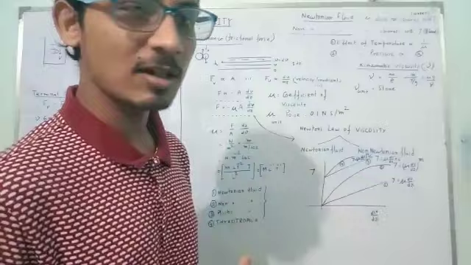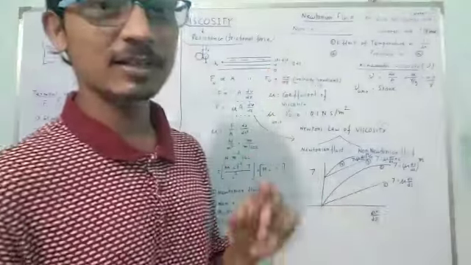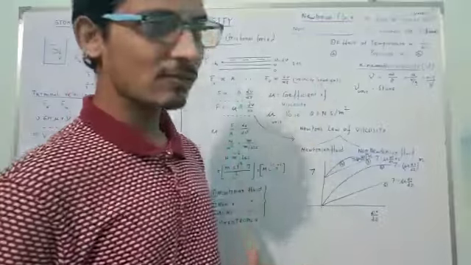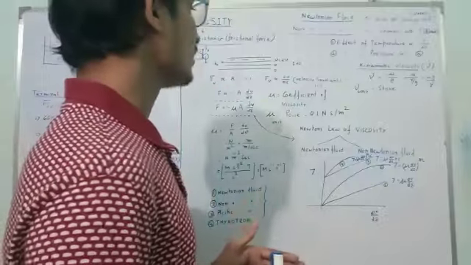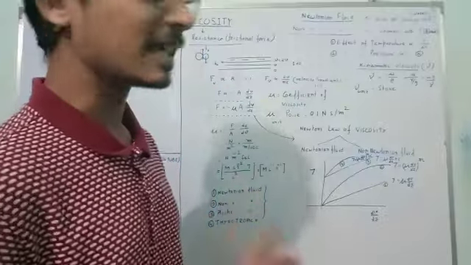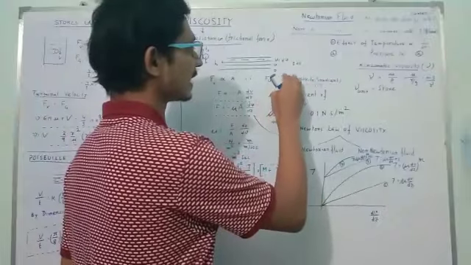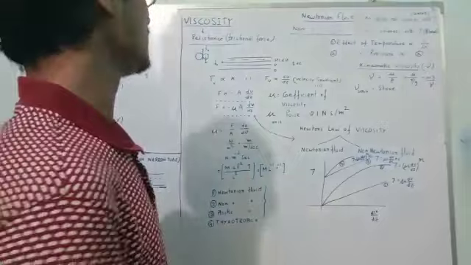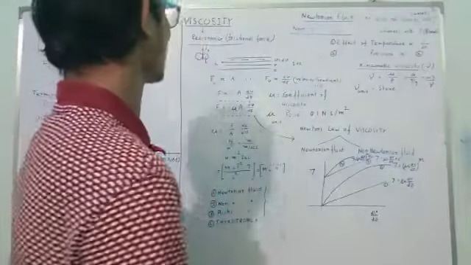So the change of velocity is dv, and the change of the thickness of the liquid layer is dz. The change of velocity with respect to the change of thickness is called velocity gradient, which is dv by dz.